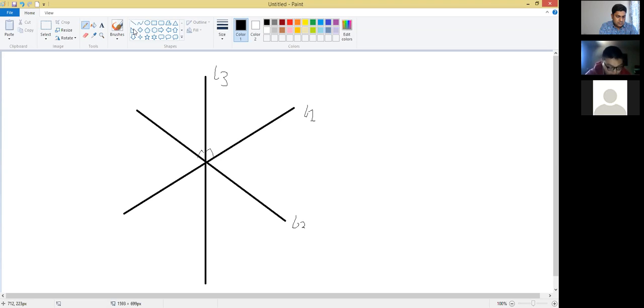Okay, so right now we have this graph, line 1, line 2, line 3. Which statement is true? First one, line 3 is perpendicular to the plane determined by line 1 and line 2.